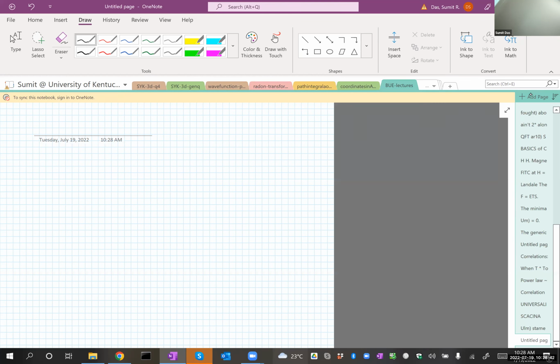Now, a correlation length is, of course, a length. Remember, a correlation length is the distance beyond which there is no correlation between these elementary spins or dipoles, as I talked about.